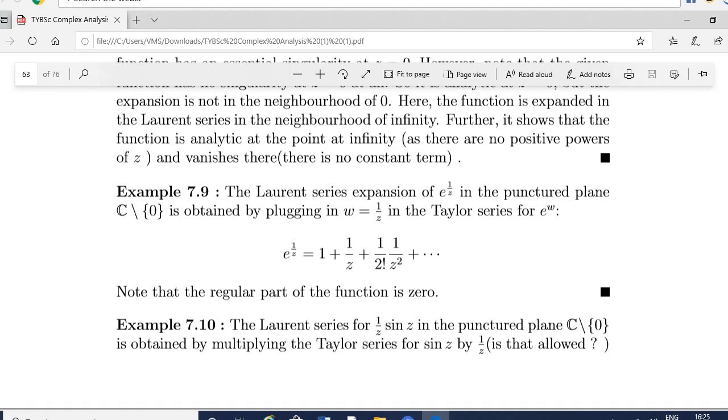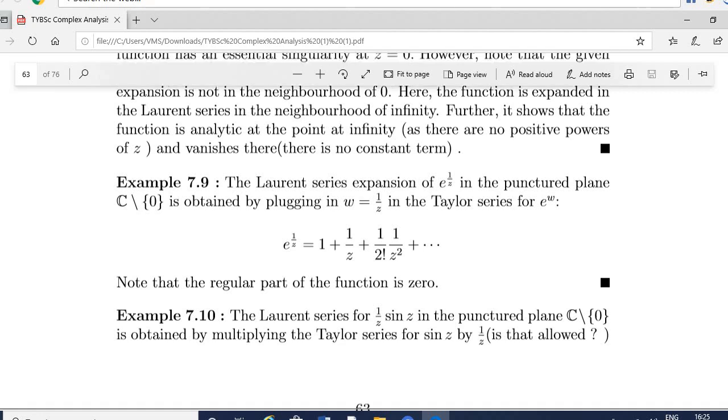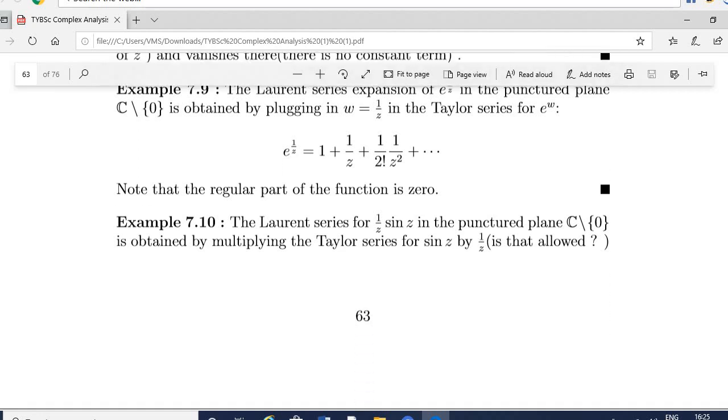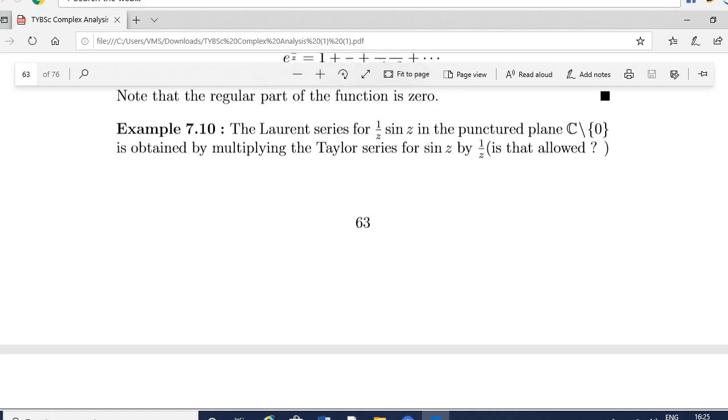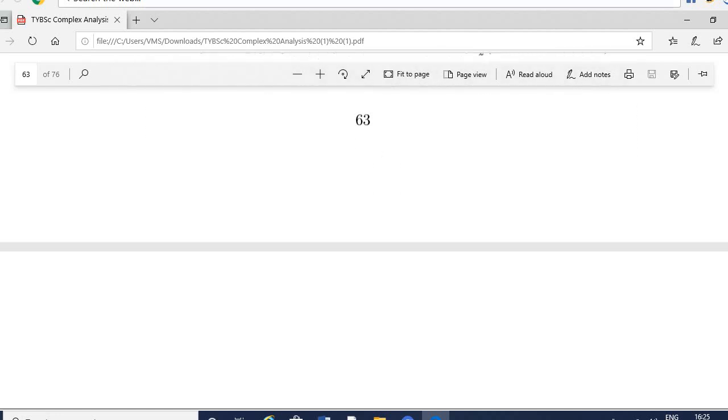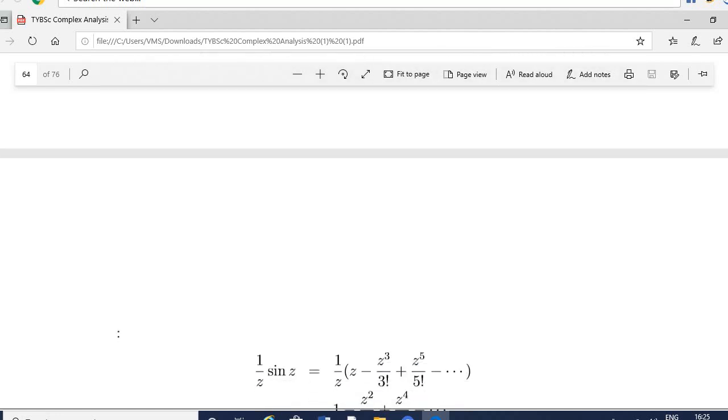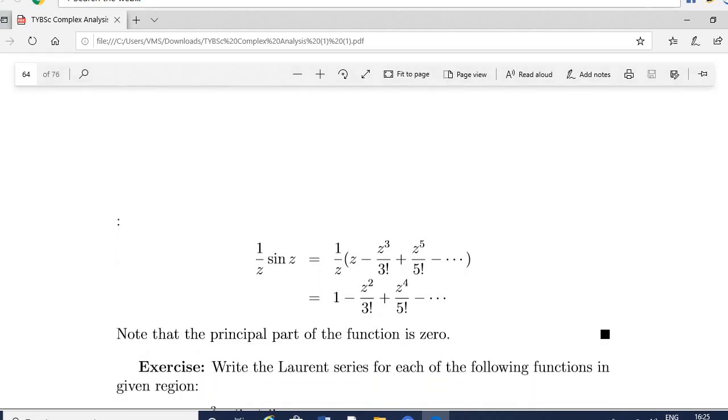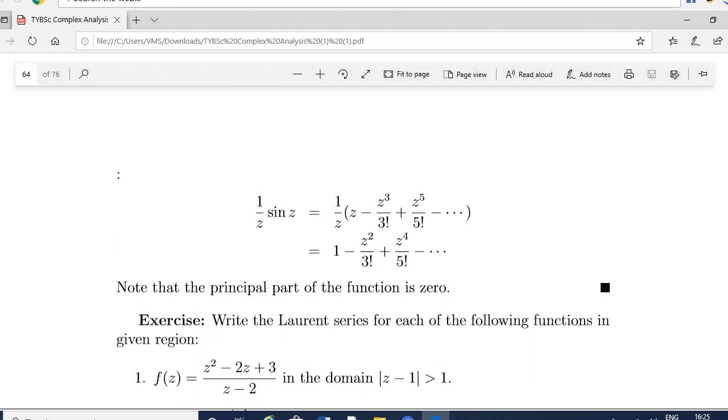Third example is the Laurent series for 1 over z times sine z. Again, the point where the function is not analytic is z equal to 0. So multiply the Taylor series for sine z by 1 by z. I have written there why this is allowed. You think on this, why we can multiply 1 by z with sine z. So (1 by z) sine z is like this: 1 by z times (z minus z cube by 3 factorial and so on).